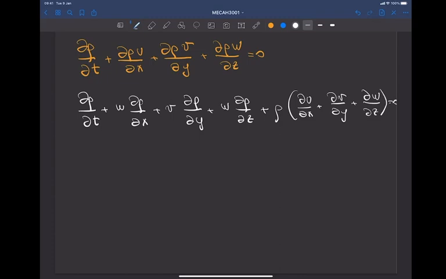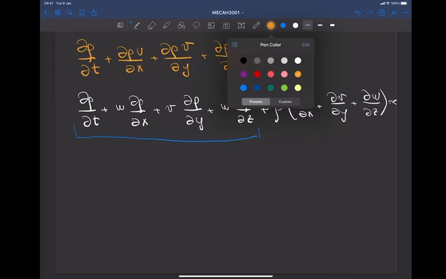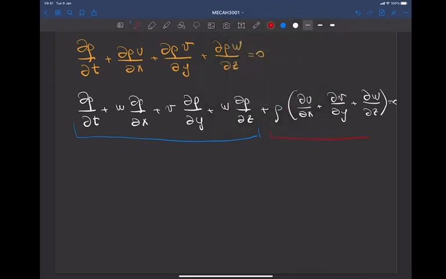Excellent. So now I realize that I have two groups. I did it on purpose to separate it in this group here, and let's use another color here, this group here.